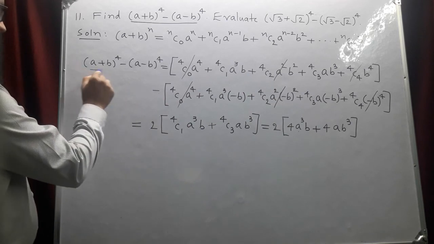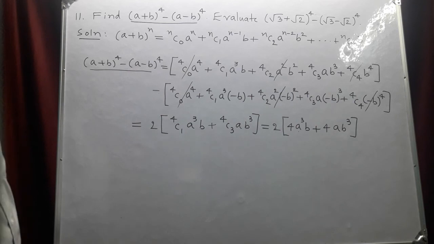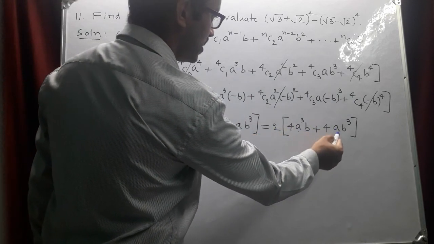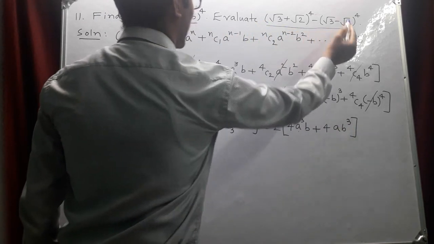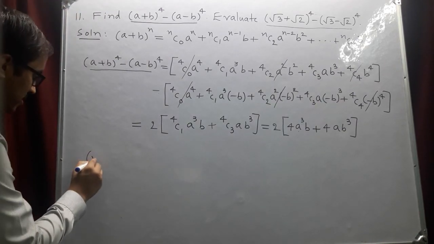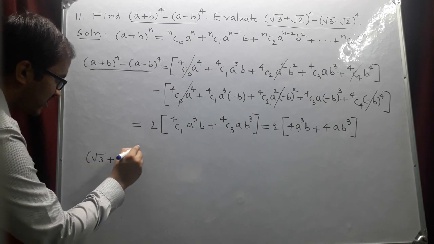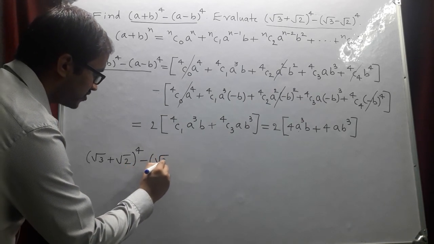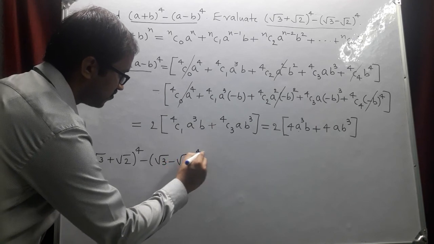So if you expand (a plus b) power 4 minus (a minus b) power 4, you will get 8 times (a cube b plus a b cube). Now we have to evaluate this value: (root 3 plus root 2) power 4 minus (root 3 minus root 2) power 4.